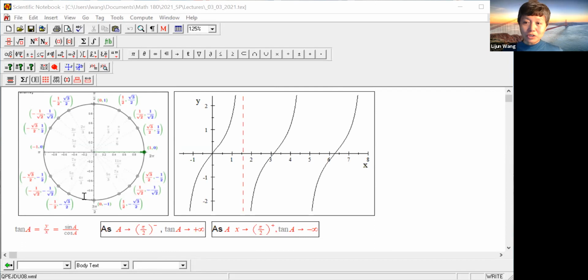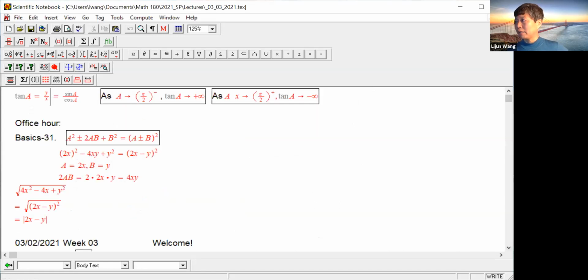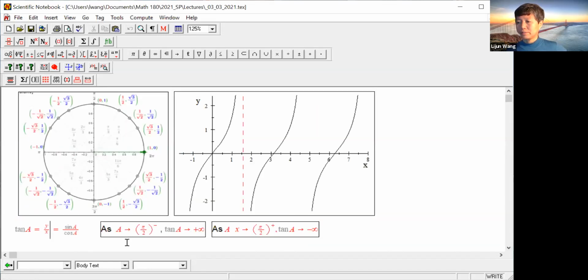You get other ratios too. They're not special triangles, you still get lots of ratios. So now what do we say about the domain and range of tangent?